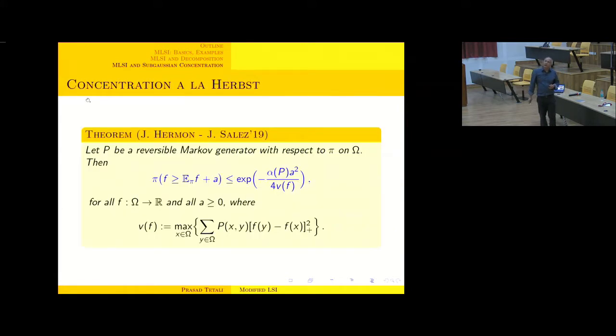Okay, this is a comment. The theorem of theirs, Herman and Saleh's, is similar. What they say is, take any P reversible Markov generator, then you have this sub-Gaussian statement. Deviation by a is a squared, alpha is the modified constant. You see this V of nu of F is this constant. This is almost like my sigma d squared L xy at most 1 type statement, right? You have the P kernel here.